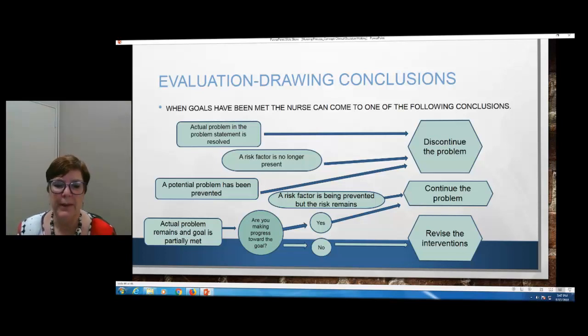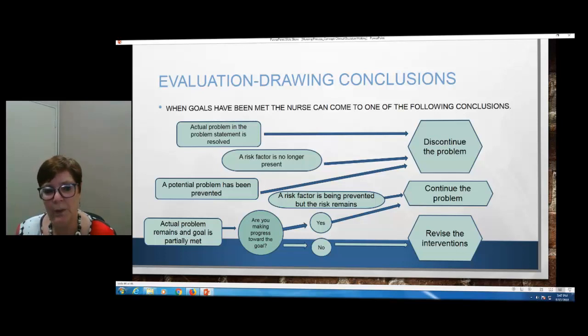Now, do we have an actual problem and is the goal partially met, but the patient is not making any progress? Or we could actually have the problem and nothing has changed. So the patient has not made any progress. If that is the case, then we want to revise the interventions.